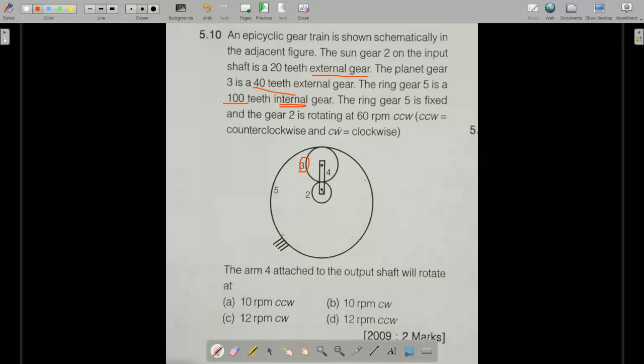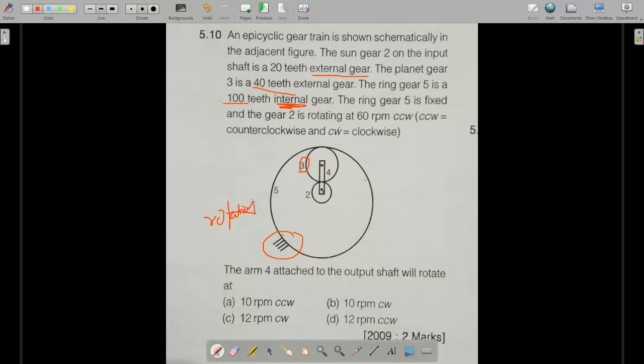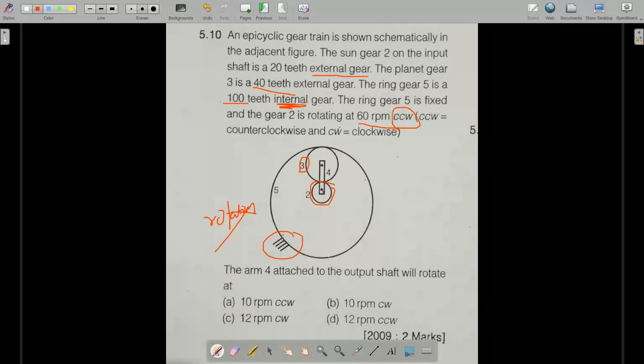The ring number 5 is fixed, so its rotation is 0. Gear 2, the centermost gear, is rotating at 60 rpm counterclockwise. We have to find the speed and direction of the arm which is connected to the sun and planet gear.